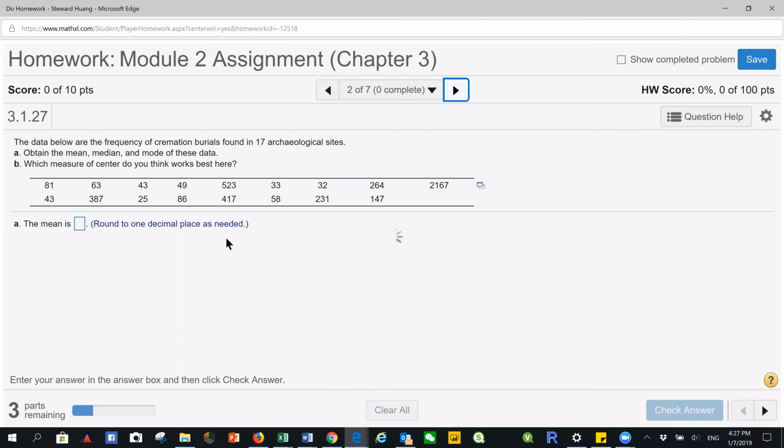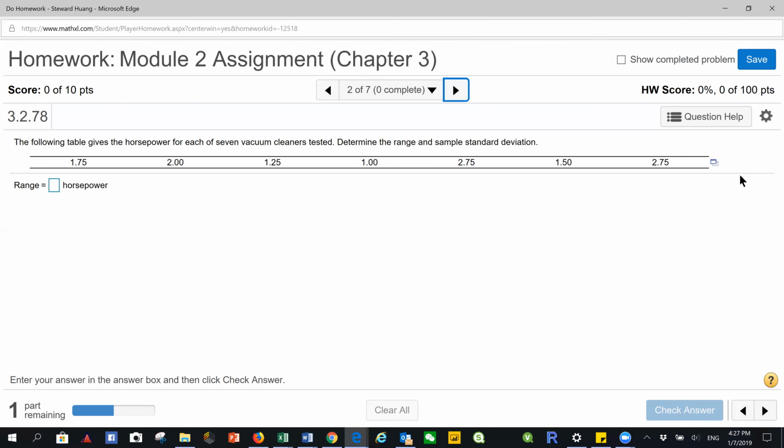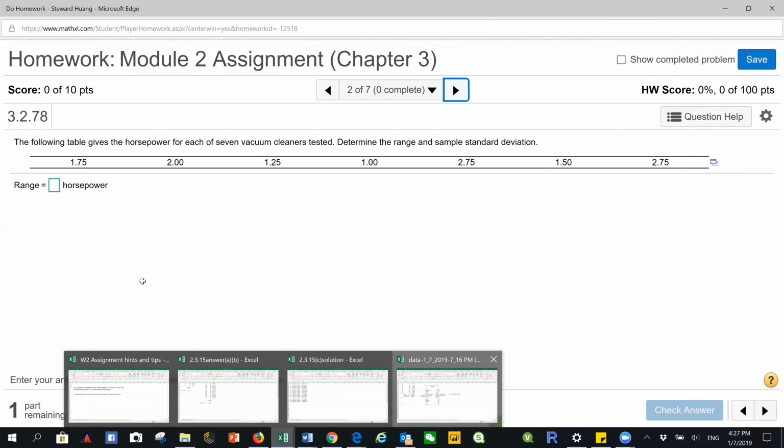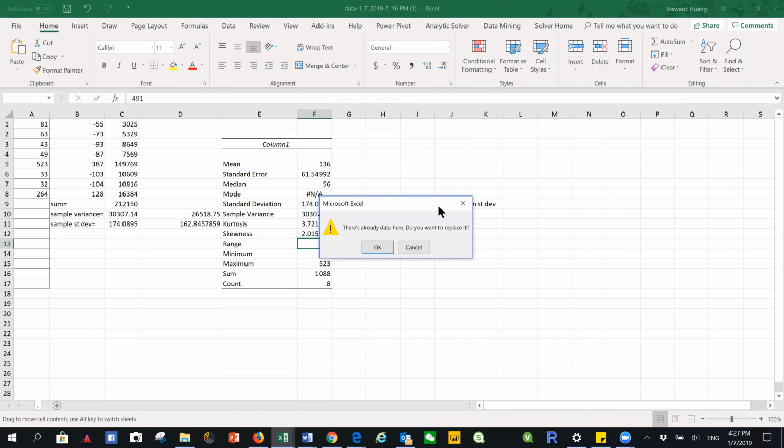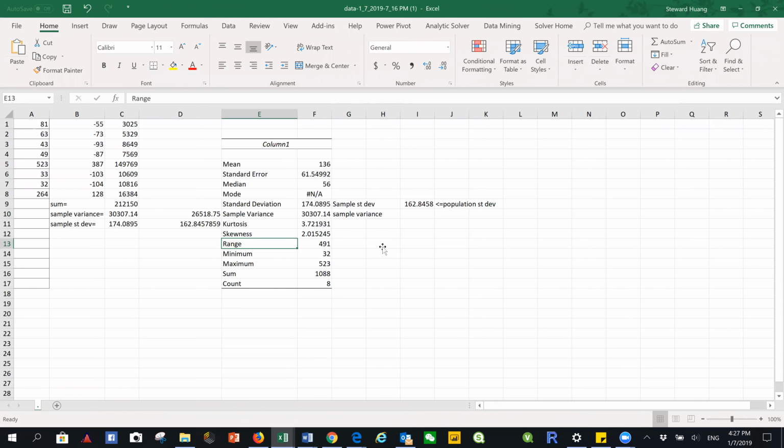Okay, next question. How do you calculate a range? Do something similar to what I did, and you will see the range. You can use range, right? Well, wait a minute. Maybe there's not such a function.